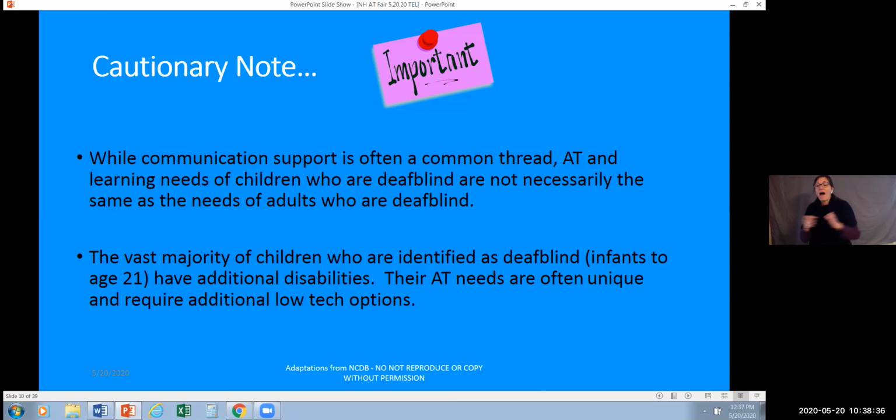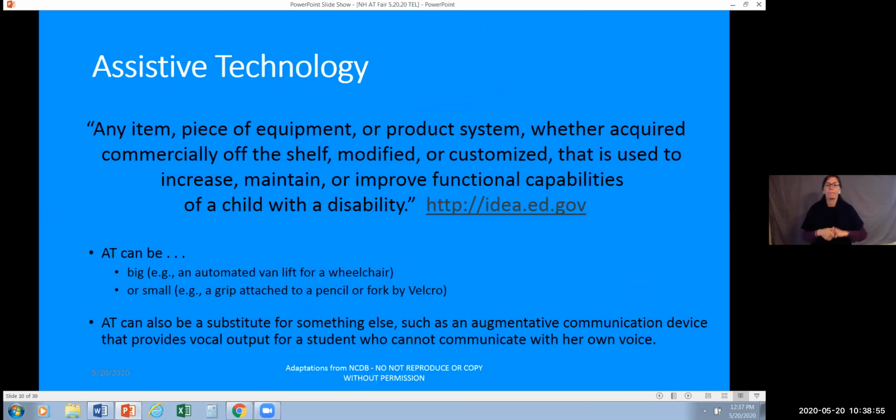So for example, the term deafblindness often applies to adults who have Usher syndrome, when in fact children who have deafblindness, again, getting back to that notion of additional disabilities, it really represents a very different population, but with similar needs related to communication.